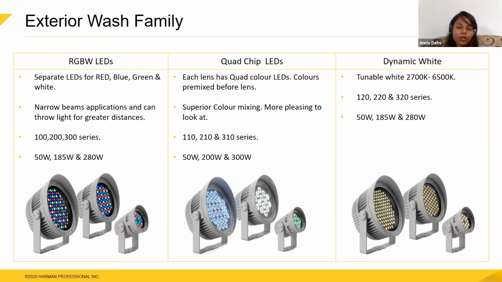Because of the presence of these individual LEDs, it's possible to get tighter, narrower beams, and so it is very suitable for applications when you need to throw light from greater distances, or to larger heights. Now, depending on the wattage, we have the 100, 200, and 300 series.